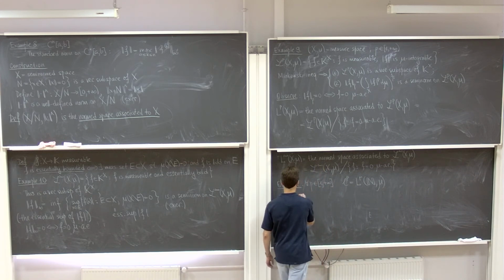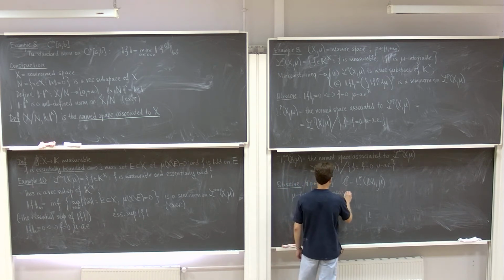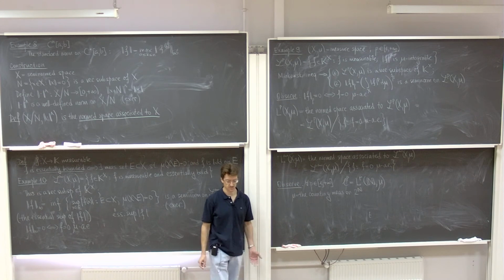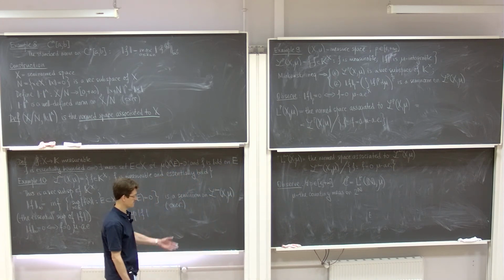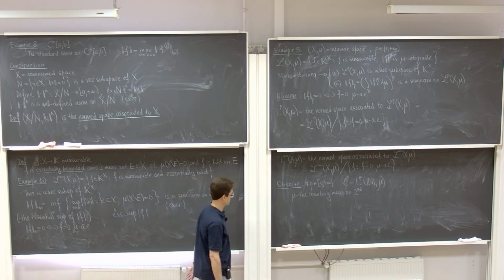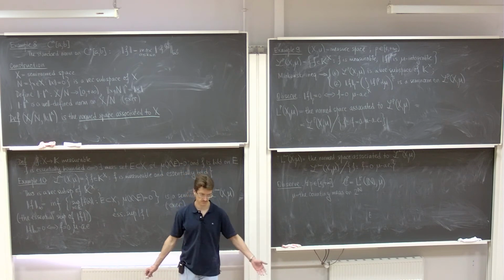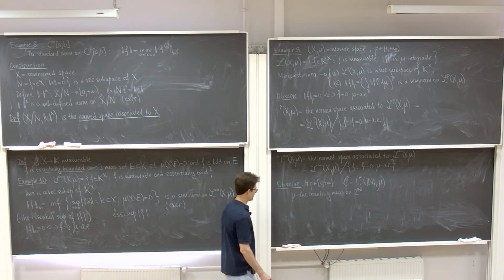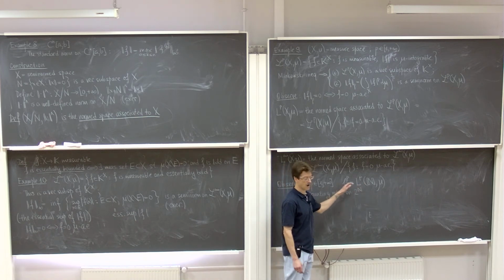So here mu is the counting measure on the sigma algebra of all subsets of the natural numbers. The counting measure is just the measure which counts the cardinality of a set. If we have a finite subset of N, then the measure of the set is just the cardinality, and for infinite subsets, it is infinite. So it's easy to see from the properties of the Lebesgue integral that these spaces are identical.